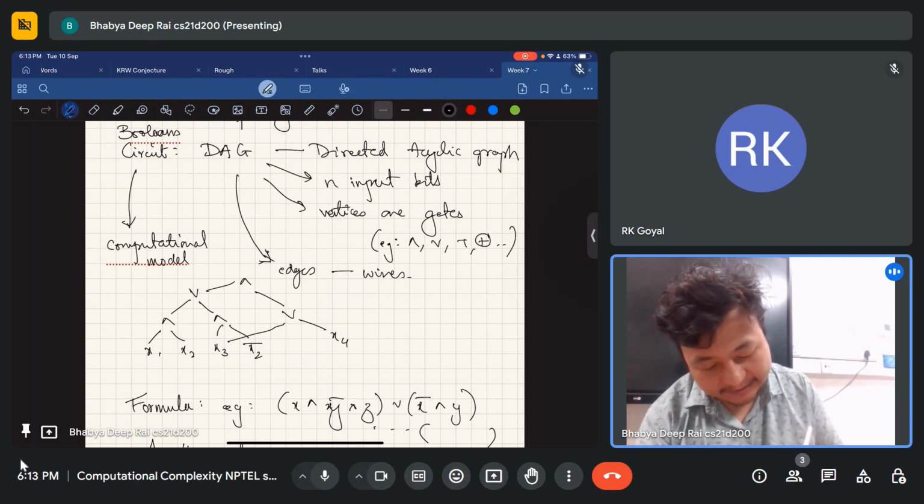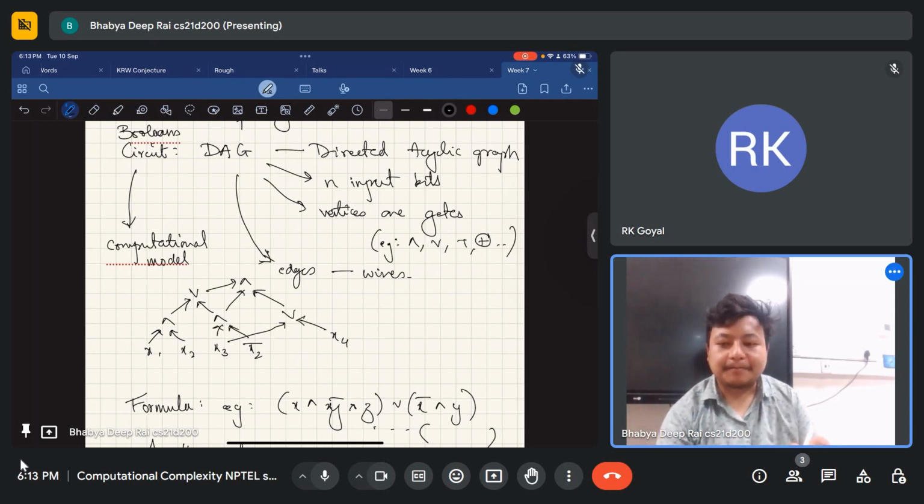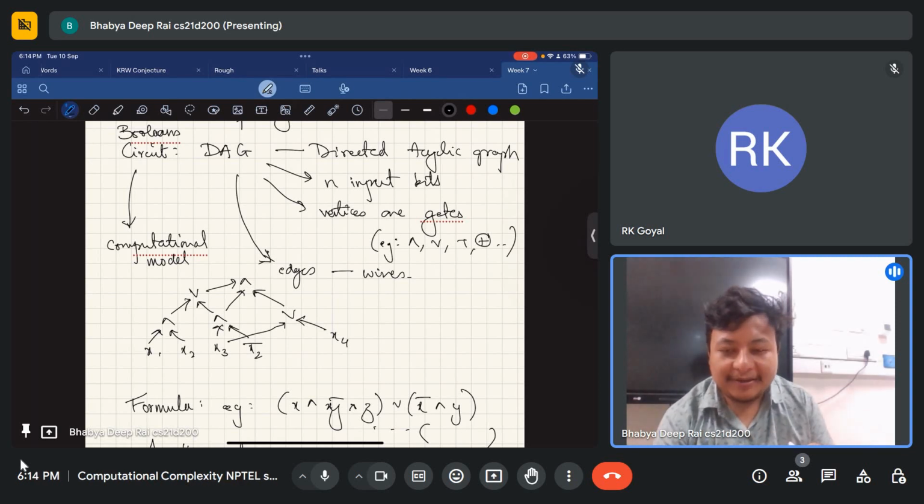Let's say this AND gate takes three inputs, so it takes the input from here also, and the directions are upwards. This is an example of a circuit, and it computes some function.